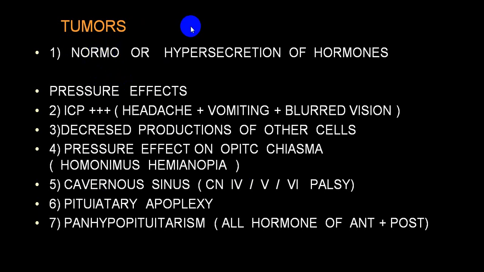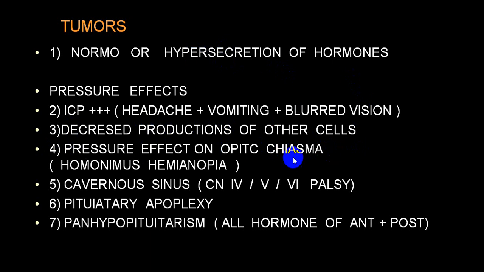If it is a secreting tumor, initially there is hypersecretion of that one particular hormone, but because of pressure effect, raised intracranial pressure, headache, vomiting, blurred vision because of papilledema, there is decreased production by other cells of the anterior pituitary, which will produce hypofunction of cells other than what is secreted by the tumor cells. So that will be there.